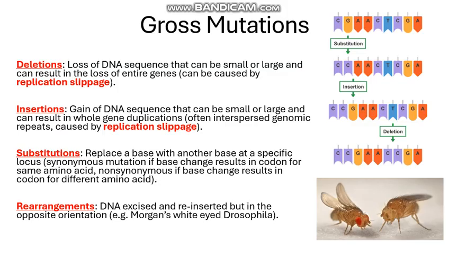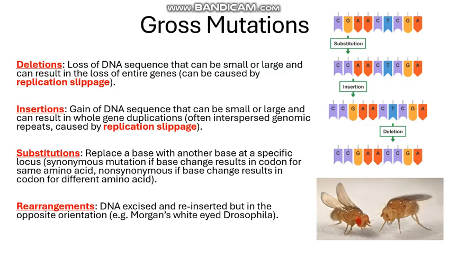This was famously what caused the white eyes in Morgan's white-eyed Drosophila, where the W gene that codes for the red pigment in the eyes was excised and reinserted in the fly's genome in the opposite orientation, and when it was rearranged, the W gene coding for the red pigment was placed in a transcriptionally repressed region of the genome that was not unwound from a nucleosome.